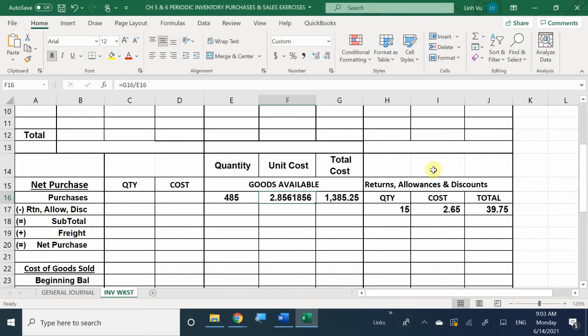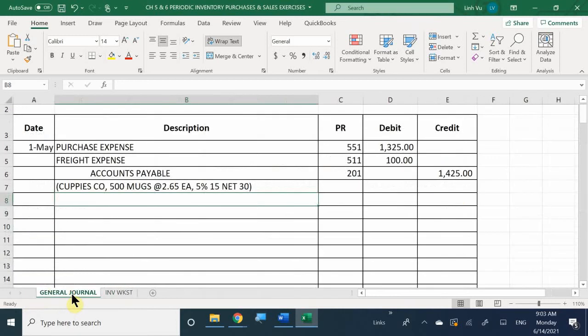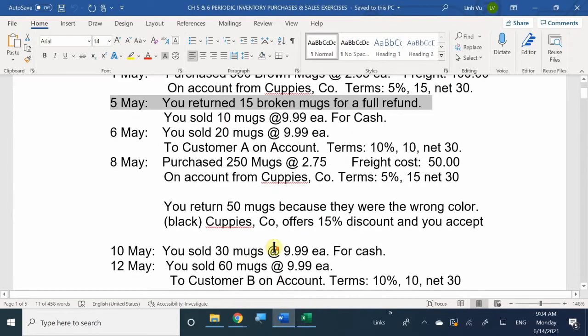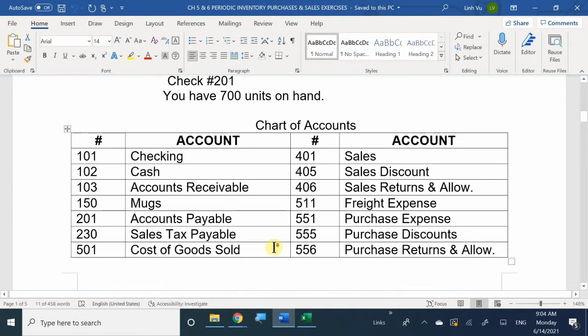Okay, so let's go ahead and take a look at my journal now because I have to journalize what my refund was. So in this case, what should my journal look like? What accounts should I be using?